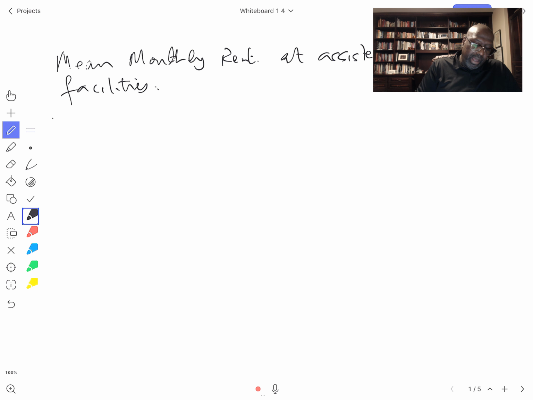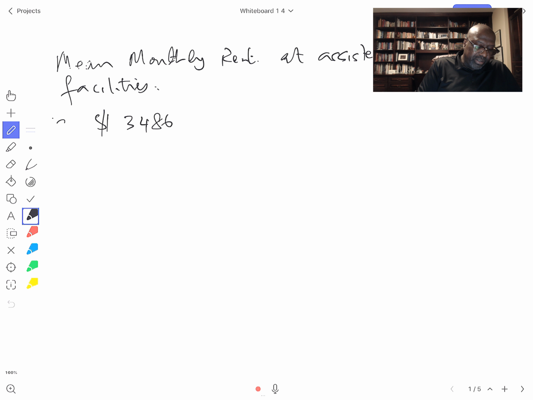So it turns out that we have a value of $3,486, and that is based on a sample of 120 facilities.